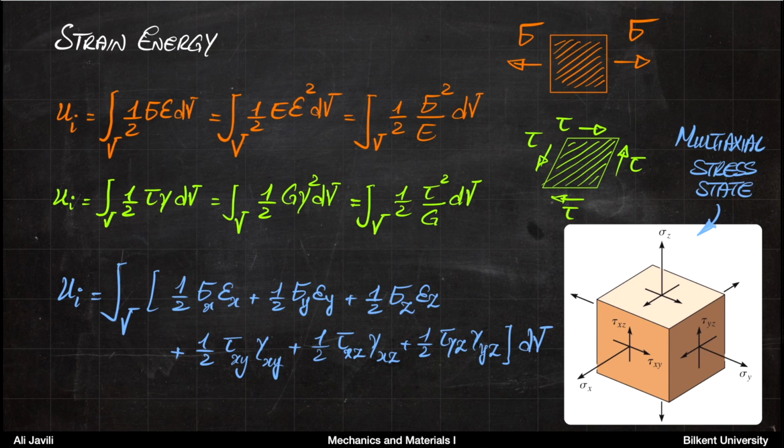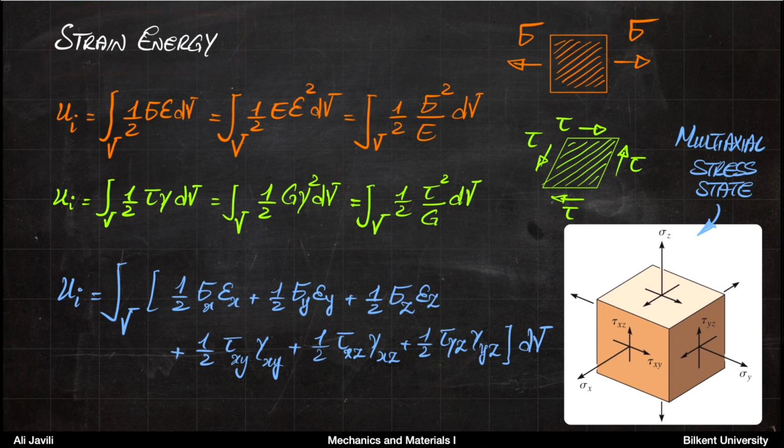And then for the tangential ones, you have 1/2 of tau xy gamma xy plus 1/2 tau xz gamma xz plus 1/2 tau yz gamma yz. And then again, you remember that tau xy and gamma xy, they are symmetric. So that symmetry is something you should not forget. So basically, it's already inherently here. All right, so this is strain energy.